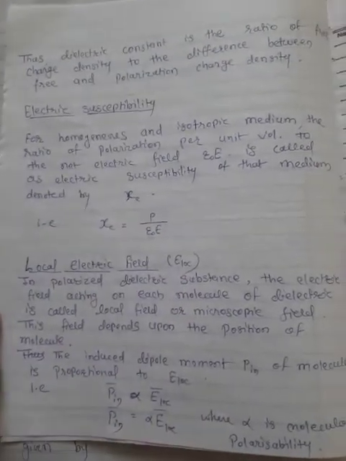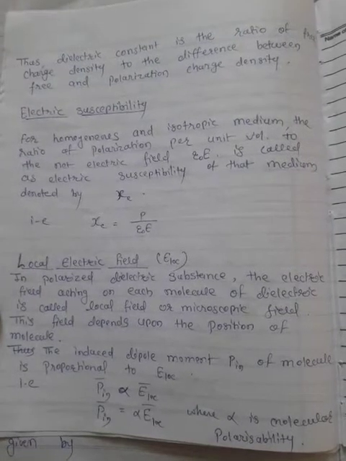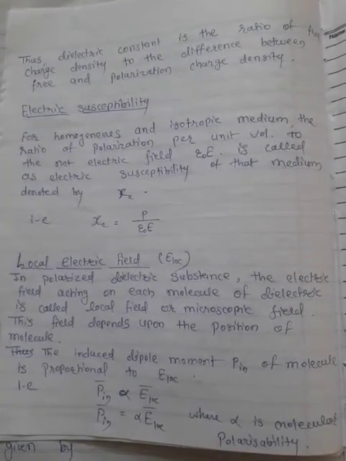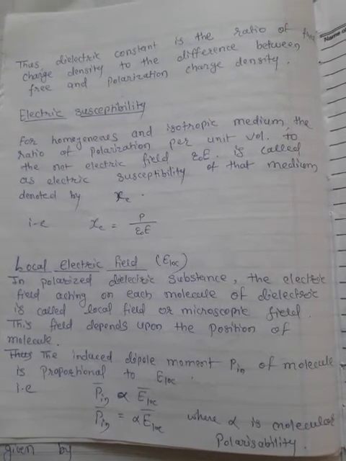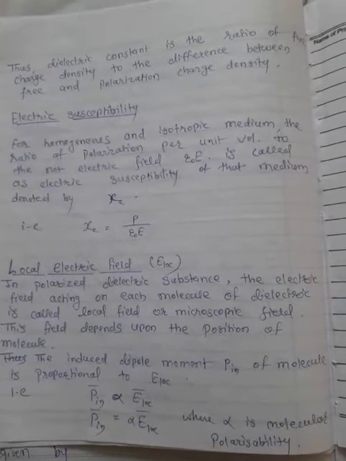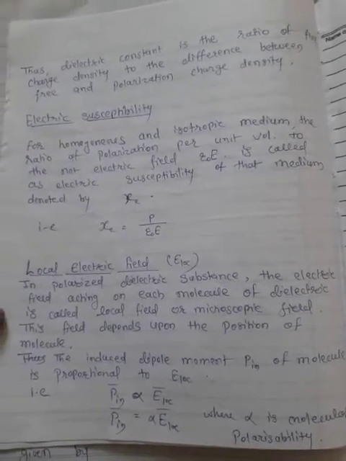Next is the local electric field. In a polarized dielectric substance, the electric field acting on each molecule of the dielectric is called the local field or microscopic field. This field depends upon the position of the molecule.